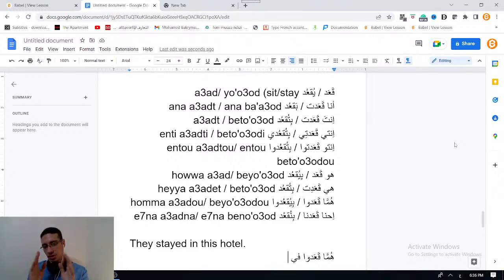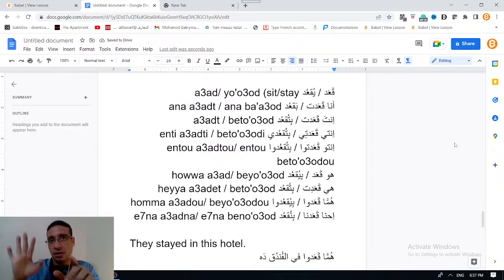This hotel, we will study how to use this and that, but simply the word hotel is فندق, so we put the noun with L, it's defined, it has to be defined, so الفندق. فندق is hotel. هم قعدوا في الفندق ده, and then we say that.